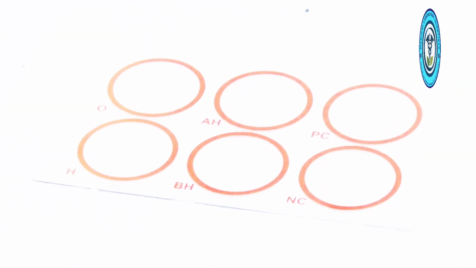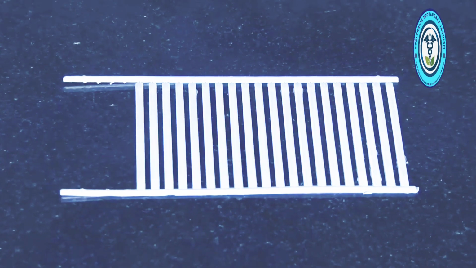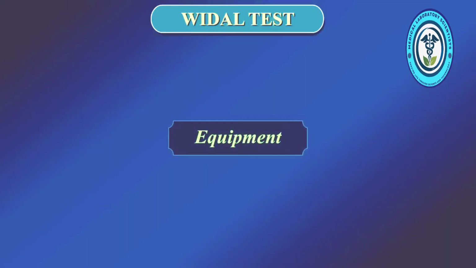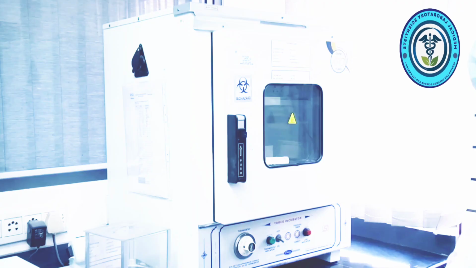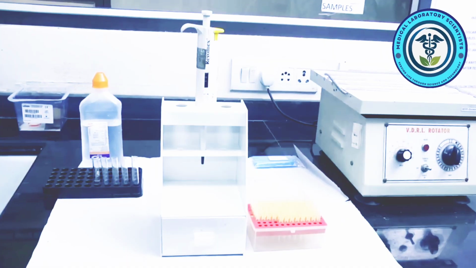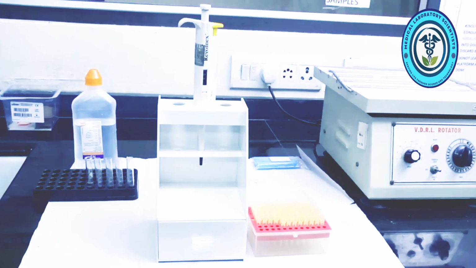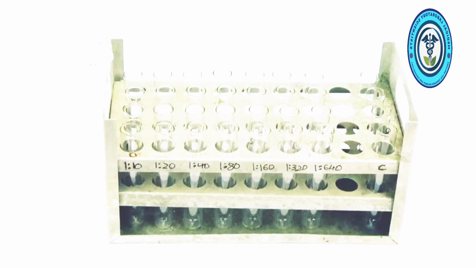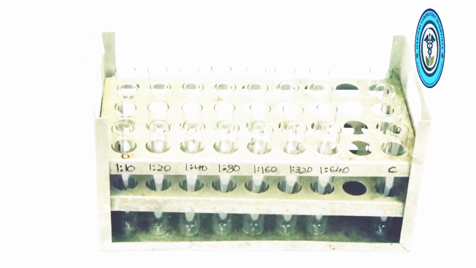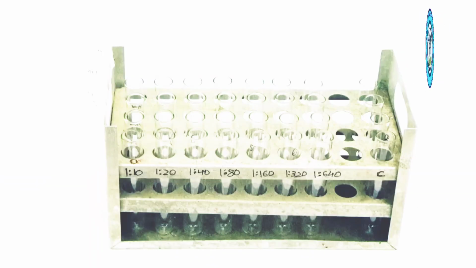Glass slide with 6 reaction circles. Applicator sticks. Equipment: incubator, timer, 0.1 milliliter and 1 milliliter serological pipettes and droppers, 36 Vidal tubes or Kahn tubes for each sample, physiological saline, test tube rack.